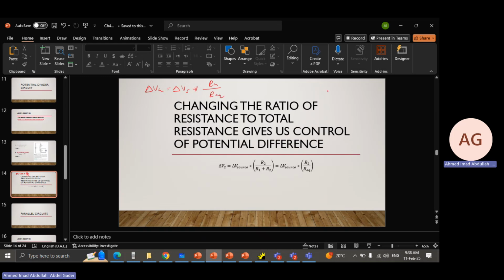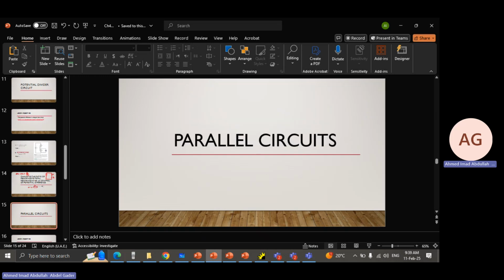So if we have two resistances, R1 and R2, and if we wish to find delta V2, we multiply the potential difference of the source, being the battery, by the ratio of the resistance in question to the equivalent resistance of the entire circuit.